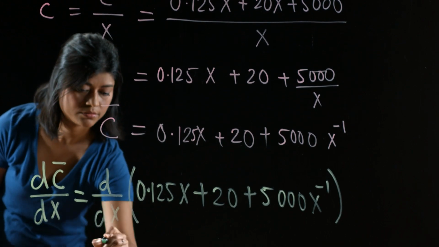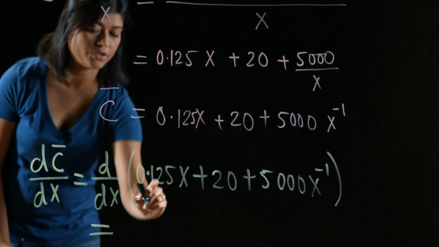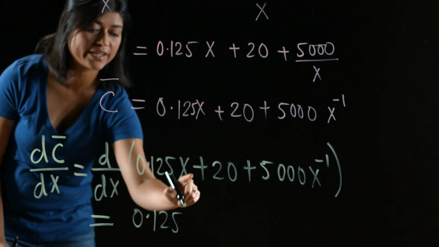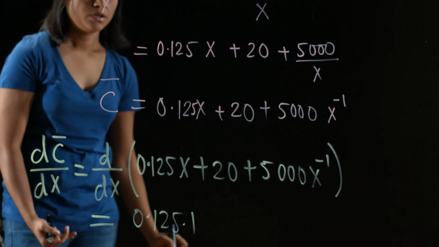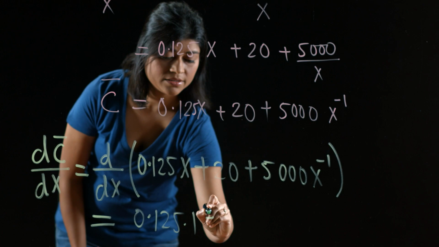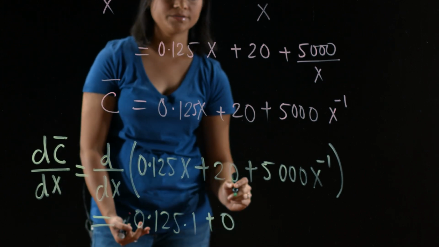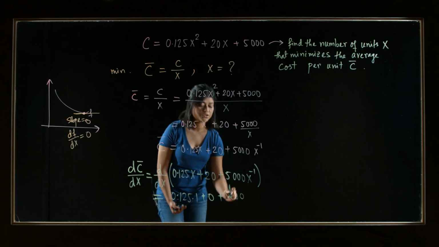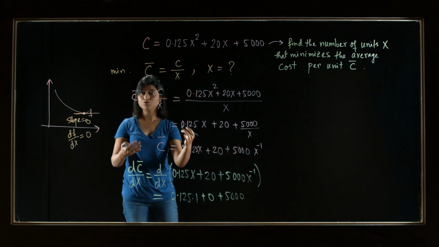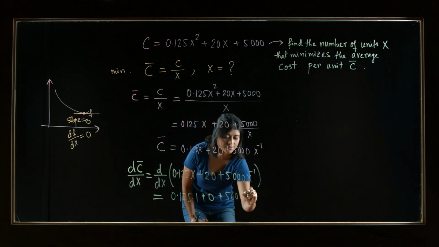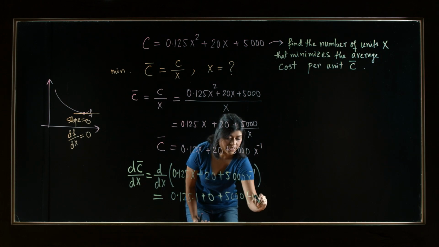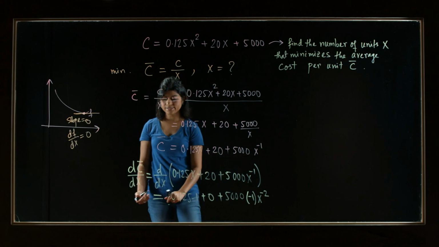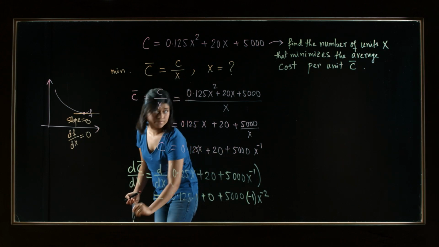All right, let's compute that. First one is 0.125, since the derivative of x is just 1. The derivative of 20 is 0, it's a constant. And then you have 5,000, and the derivative of x to the negative 1 using the power rule is negative 1 times x to the negative 2. So that is our derivative.